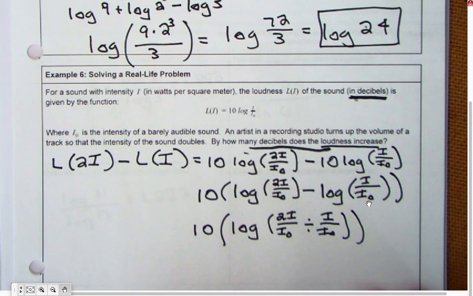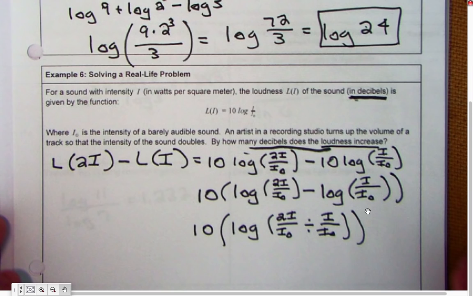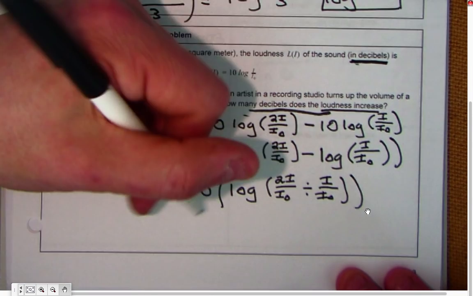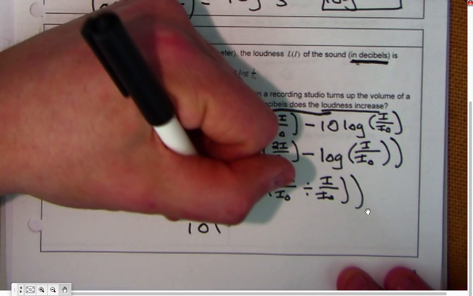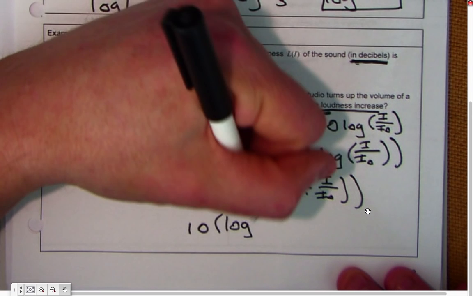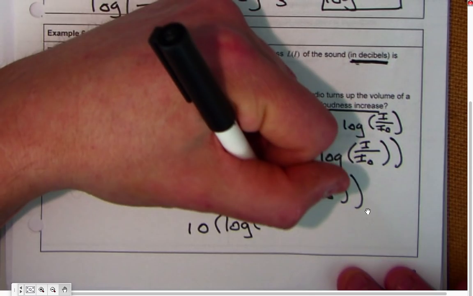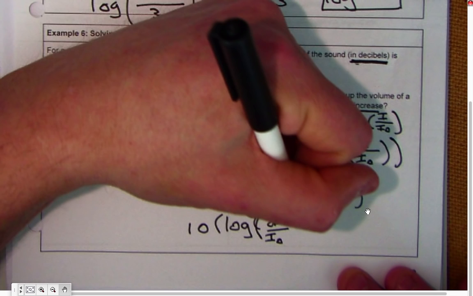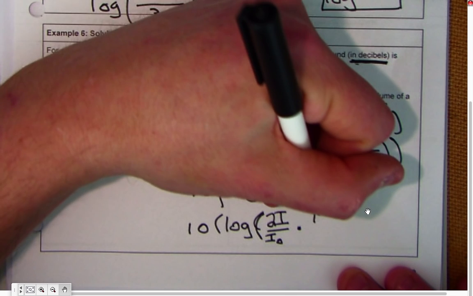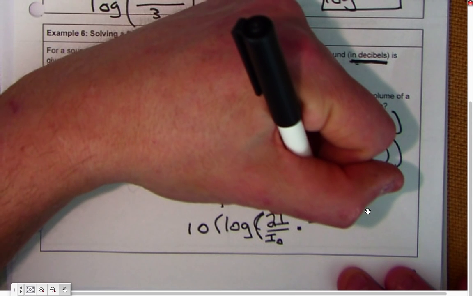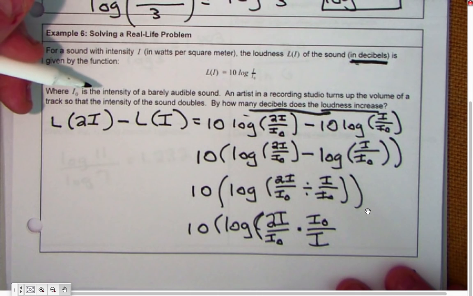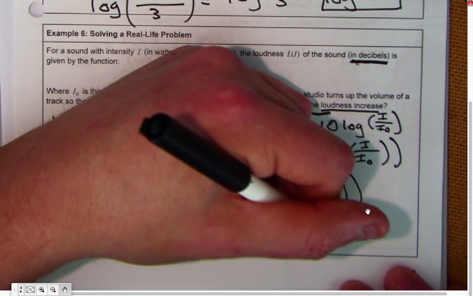Okay? Now, this is a division, dividing by a fraction. So when we divide by a fraction, what do we do? Keep it, change it, flip it. So I've got 10 times the log of 2I over I sub 0 times I sub 0 over I. Now, some things can cancel.